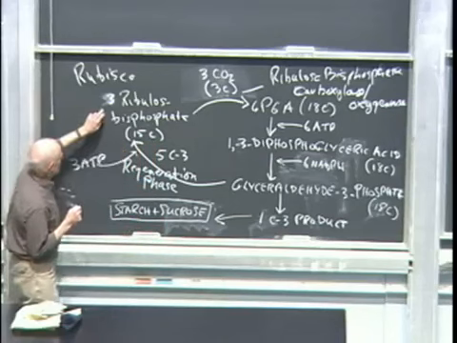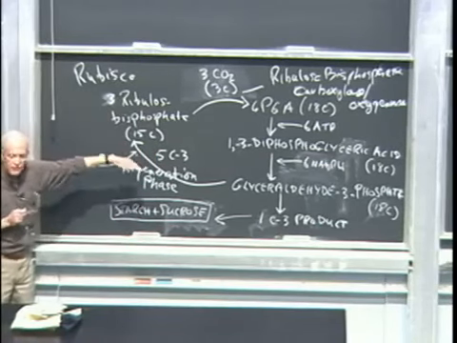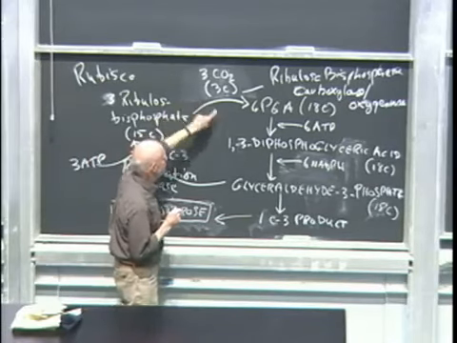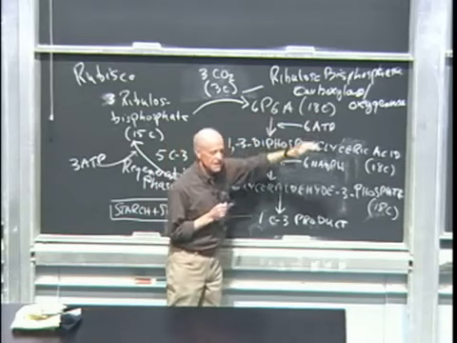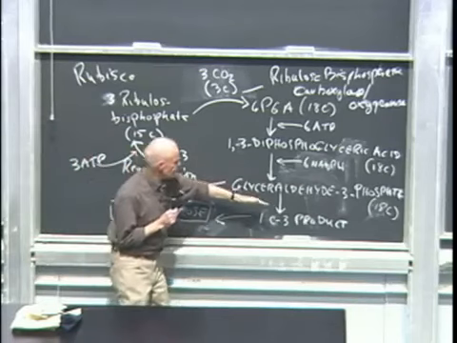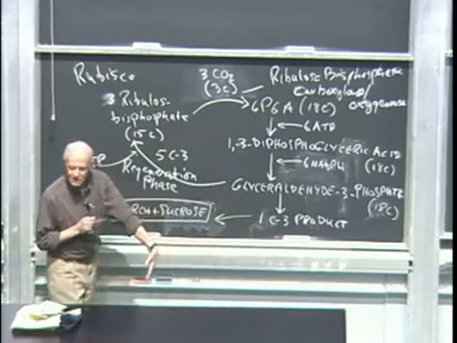So we have 3 molecules of ribulose bisphosphate, which represents 15 carbons. We add 3 carbons more, so we have 6 phosphoglyceric acid molecules having 18 carbons. What we do after getting to glyceraldehyde 3-phosphate is we take one of these away because it's a product.